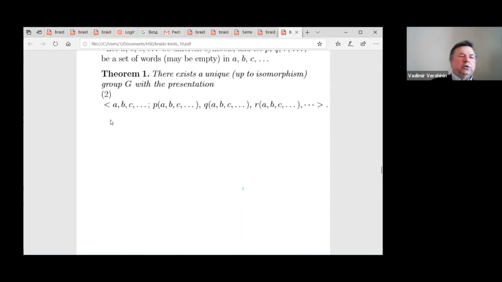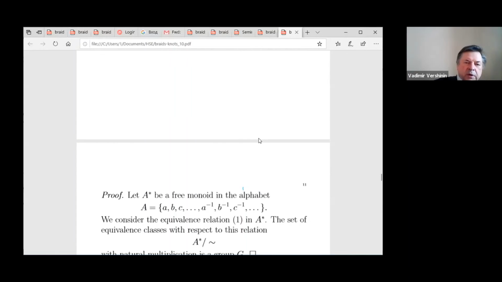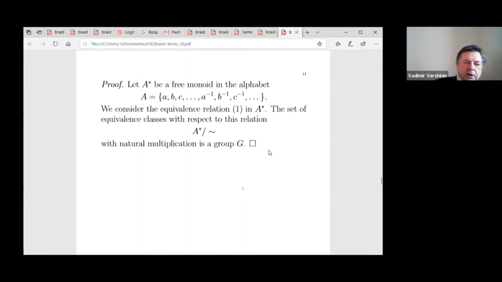Of course, you will have the same group, only the description of this changes, but it is the same. So this is quite evident.